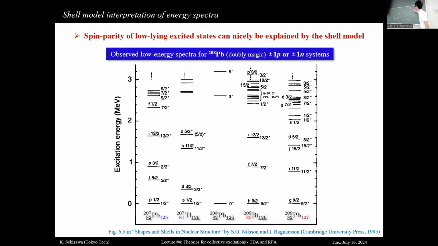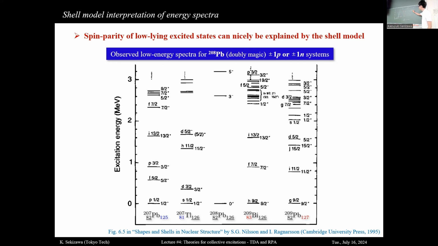But if we move from harmonic oscillator to the Woods-Saxon potential, then for instance, this d orbital has larger angular momentum, and because of the centrifugal potential, it is extended outwards. So it has more amplitude at the surface region, and it feels this attractive potential.